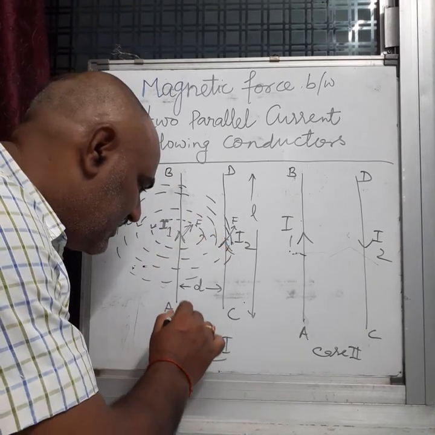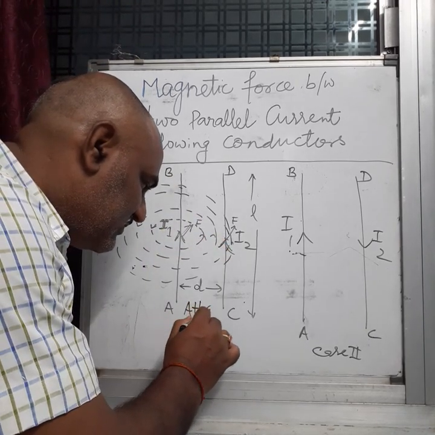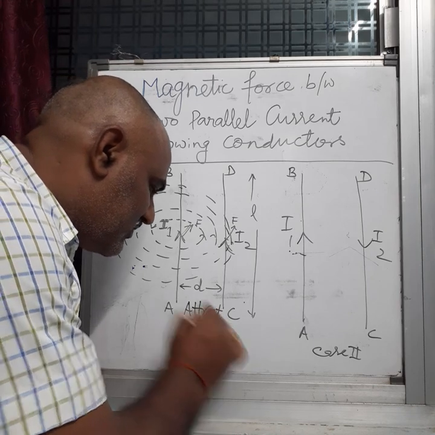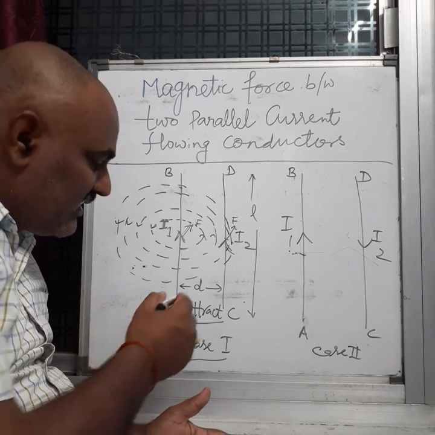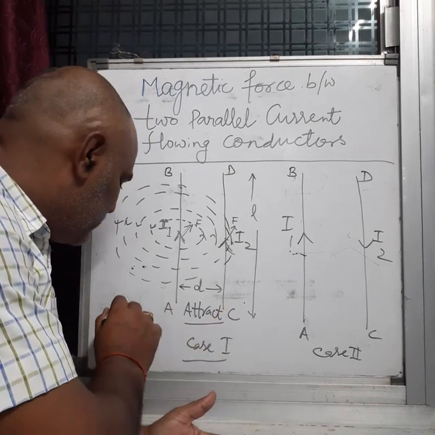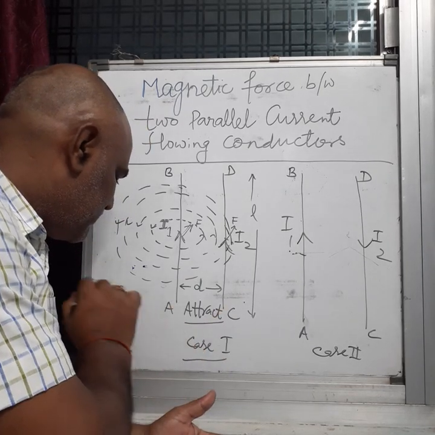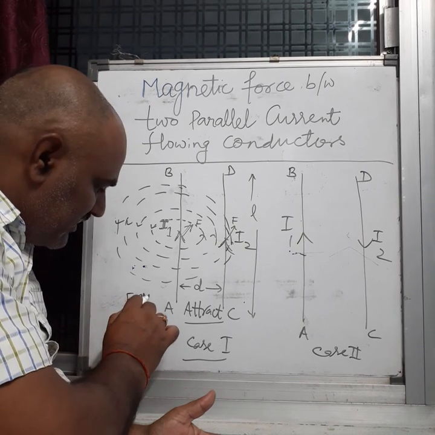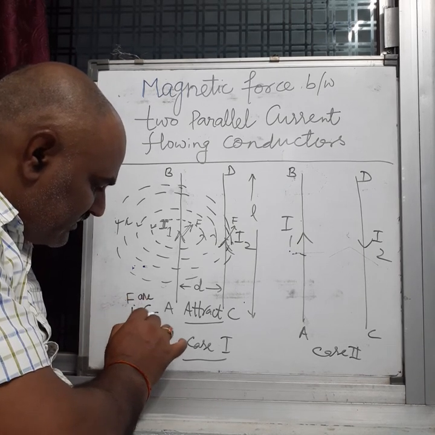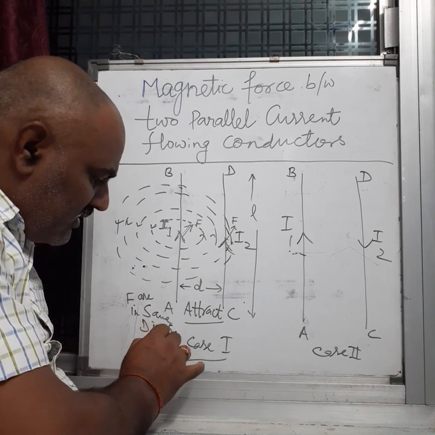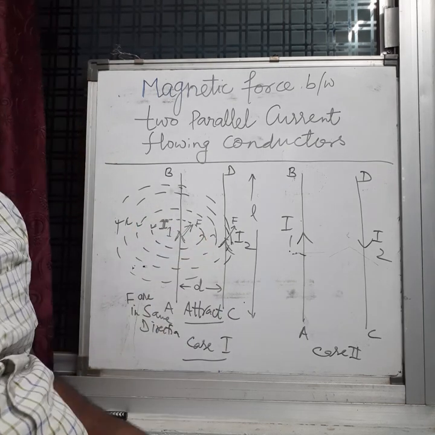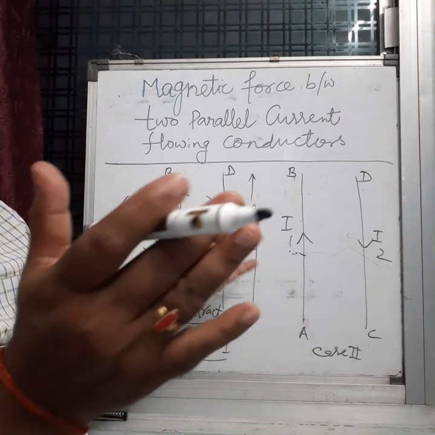What happens there? They will attract each other. Why will both wires attract each other? Since the forces are in the same direction. Since forces are in the same direction, therefore in this case the wires will attract each other.